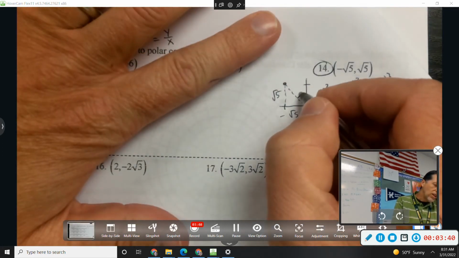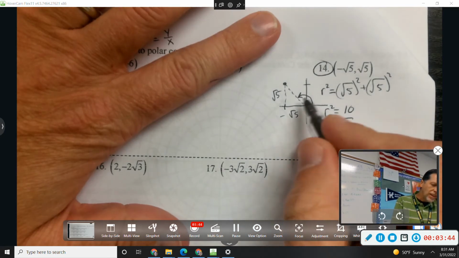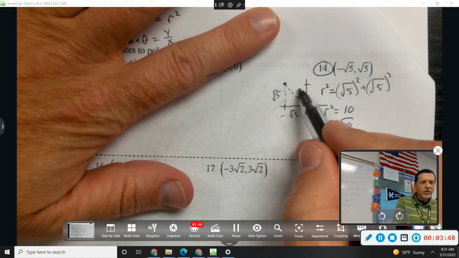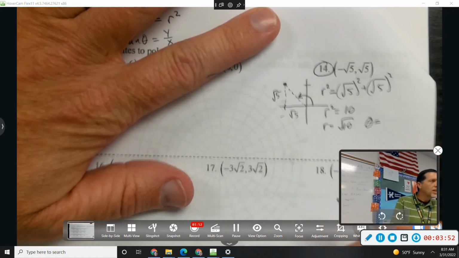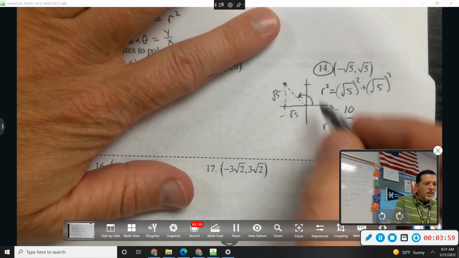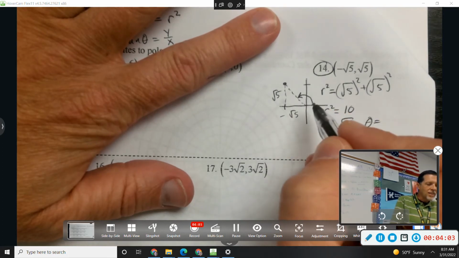The angle, well, I can do the tangent thing, but I can also just look at it. It's in the middle of the second quadrant. So what angle is that? Ty? What angle is it? So it's going to have a pi in it.